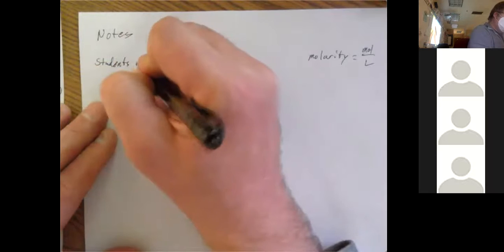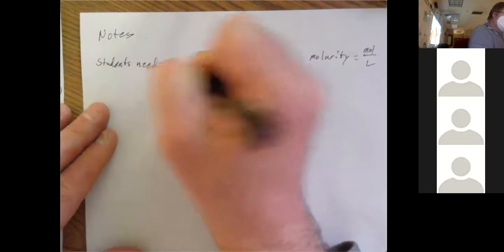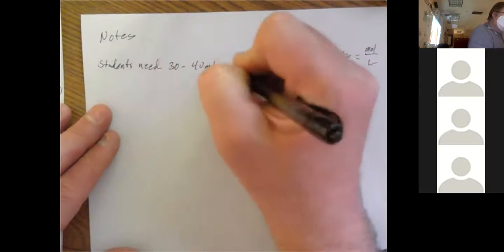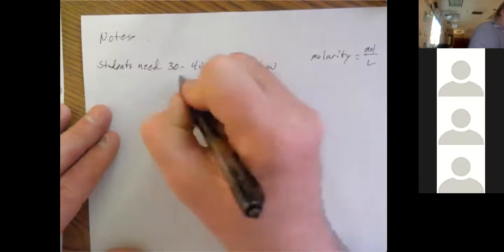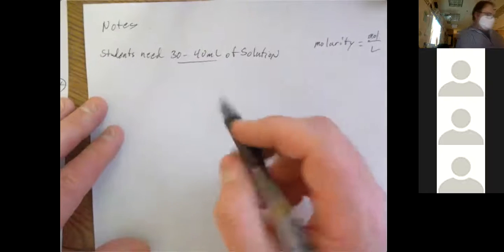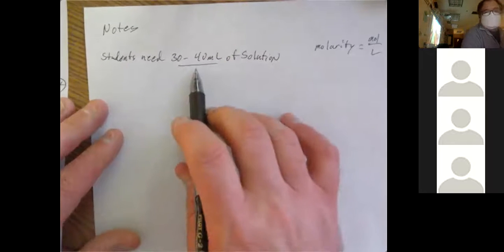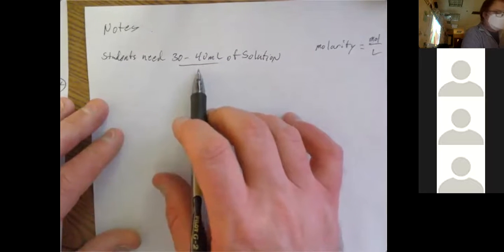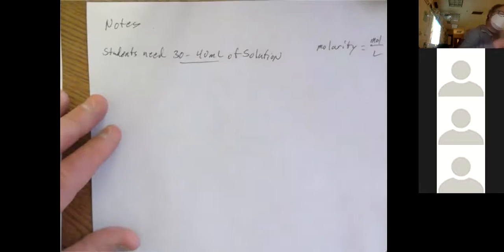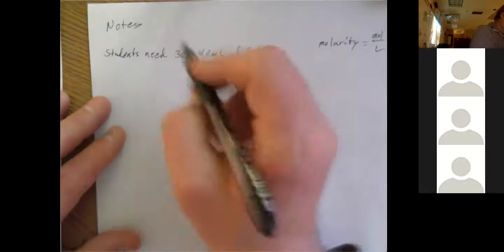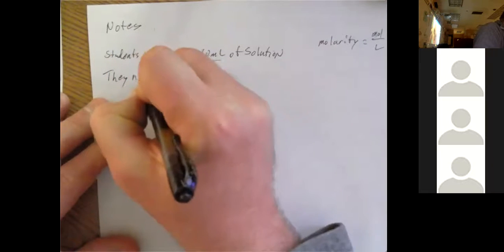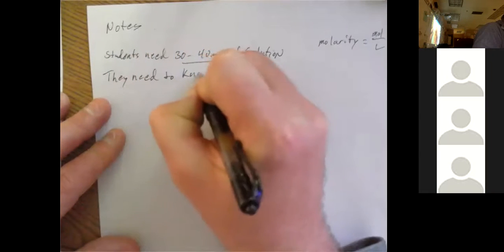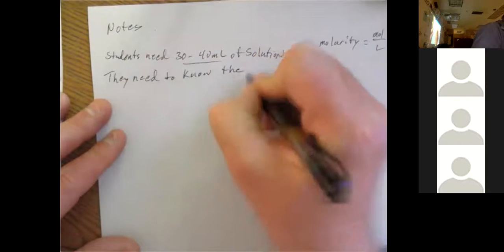So students need 30 to 40 milliliters of solution. Now notice I say 30 to 40 milliliters of solution. That means they'll go up there and they'll grab about 30 to 40 milliliters of it. Then they will go back and measure the particular amount. They need to know the exact amount of it.